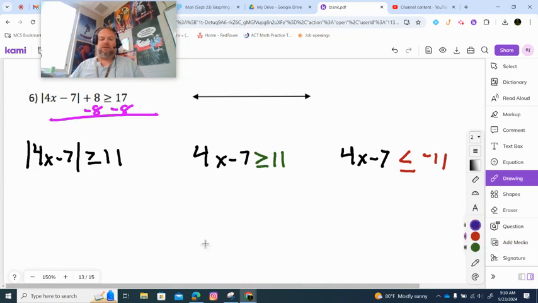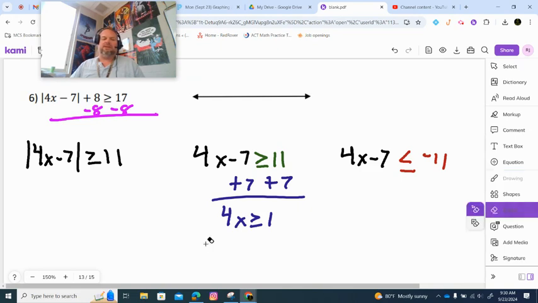About to mess up my whole color scheme here. Why did I say 8 over here? It didn't. Yeah. Are you sure? Okay. 9 sounds better.